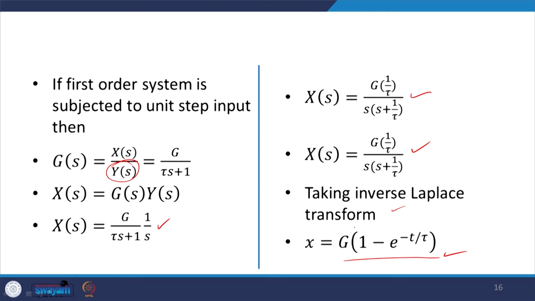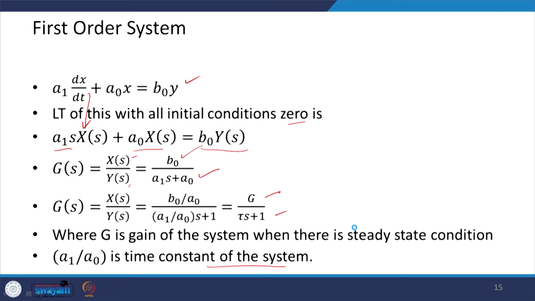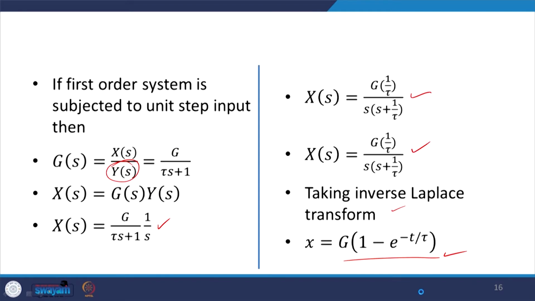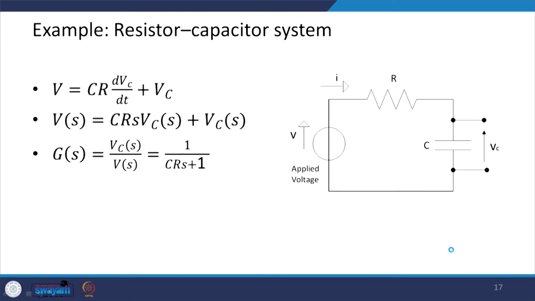Here, the first order system dynamic equation is in the form of a first order differential equation. With the help of the Laplace transform, we converted it into an algebraic expression, and then after the algebraic manipulation, we went back to the time domain by using the inverse Laplace transform. So, again, a resistor capacitor system is an example of a first order system.